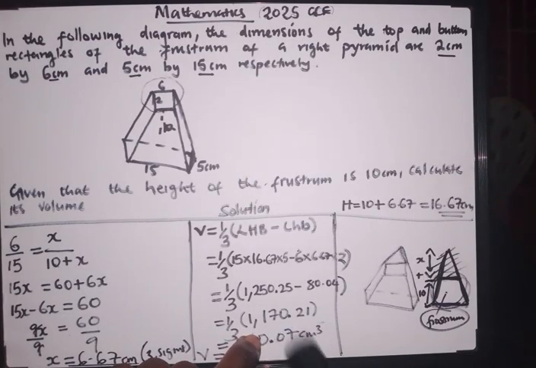Our number is less than 5, which means we just ignore it. If the number was above 5, you add 1 to the previous number. So our final answer is 390 cubic centimeters. So this was the volume of the frustum.